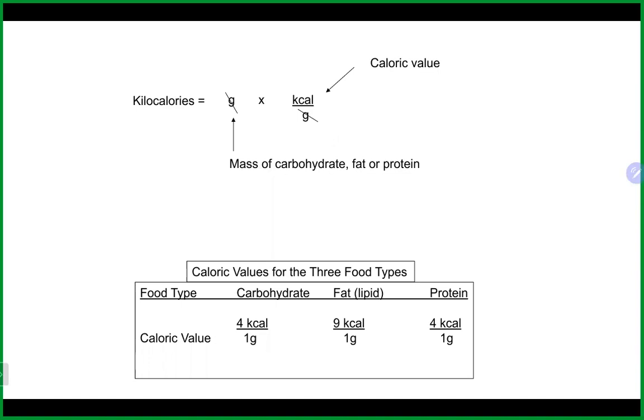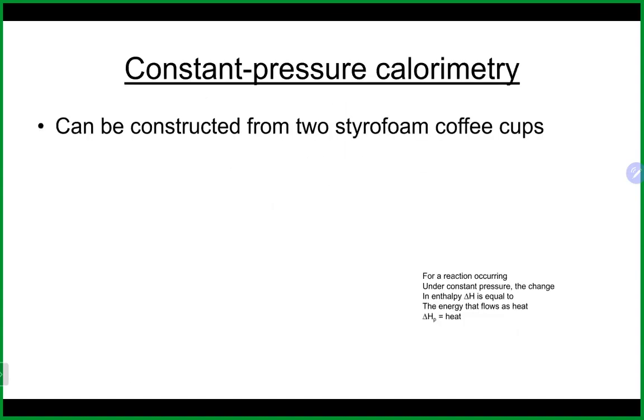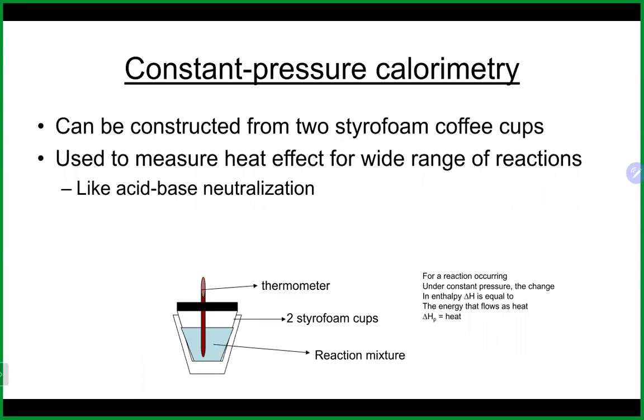Now, another very common way that we do these sorts of energy experiments is like what you're going to do in lab today, which is to just use a coffee cup, basically. A simple couple of coffee cups with a lid and a hole in it for the thermometer. It's a really good way to measure how much heat and energy is either being released or absorbed by a reaction.